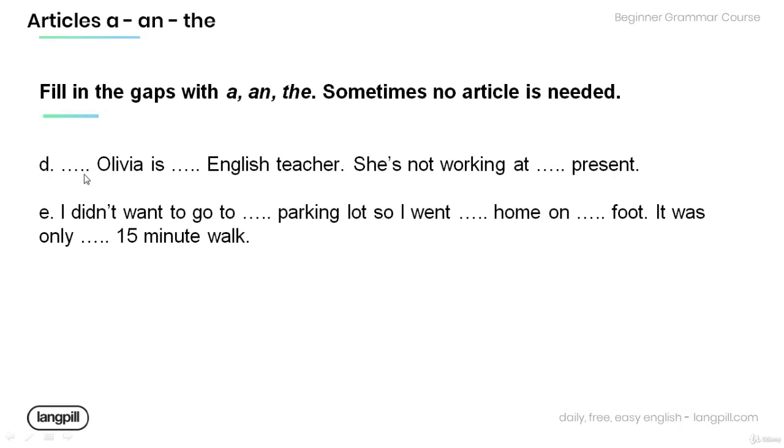D. Olivia is English teacher. She's not working at present. E. I didn't want to go parking lot, so I went home on foot. It was only 15-minute walk.